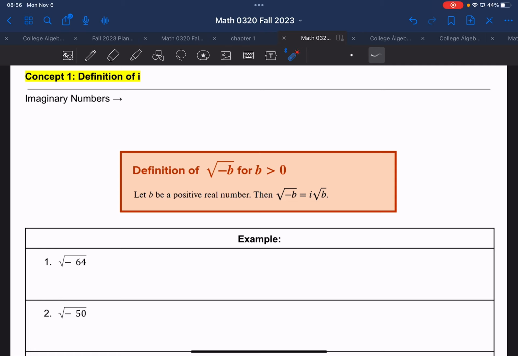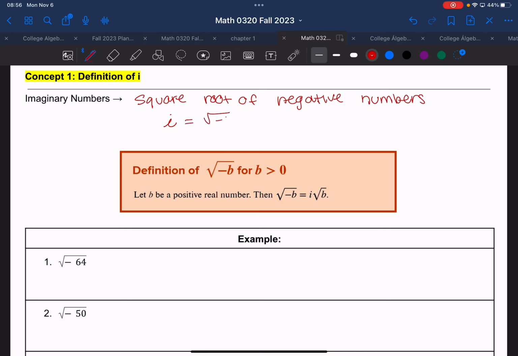So, definition of i. An imaginary number is the result of the square root of a negative number. So the square root of negative numbers gives us i. So i is equal to the square root of negative 1, which implies that i squared is equal to what?